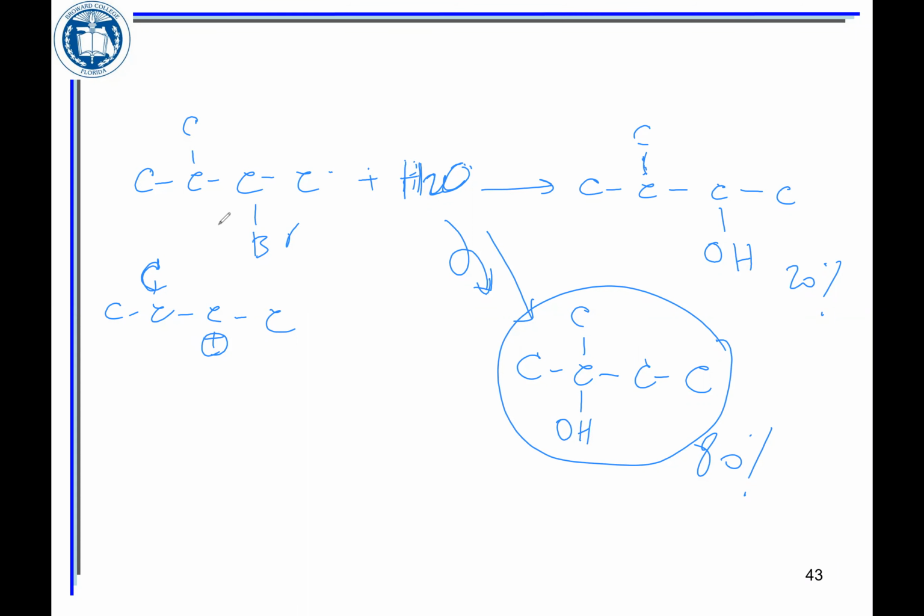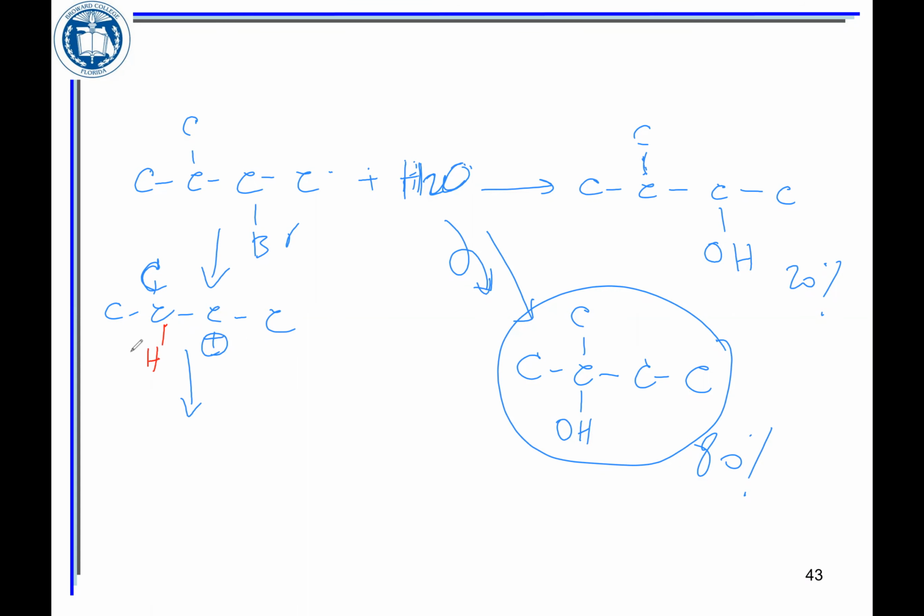But when bromine leaves, instead of H2O coming and forming a bond with the carbocation, this is going to be rearranged. There are two types of rearrangement: one is a hydride shift, and the other one is a methyl shift.